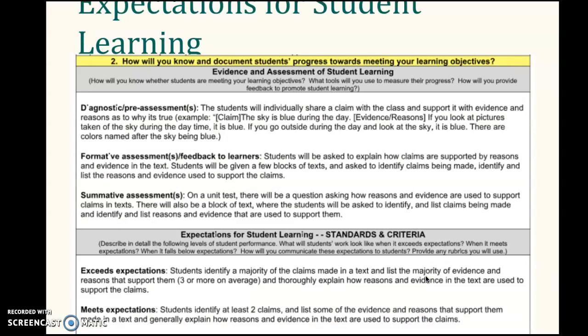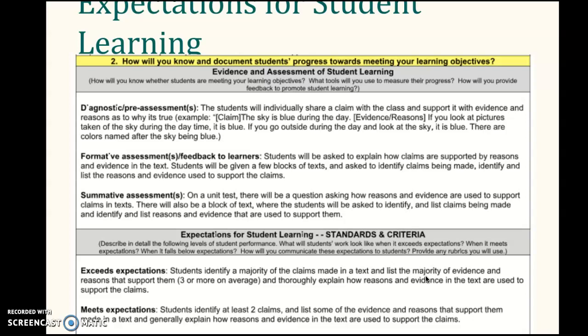Students identify little or no claims, 1 claim or none, and/or do not accurately list proper evidence and reasons that support their claims. So if you saw students only list 1 claim, or if they listed 2 claims, but the evidence was either made up or had nothing to do with the claims, that would be below your expectations. Does that make sense?